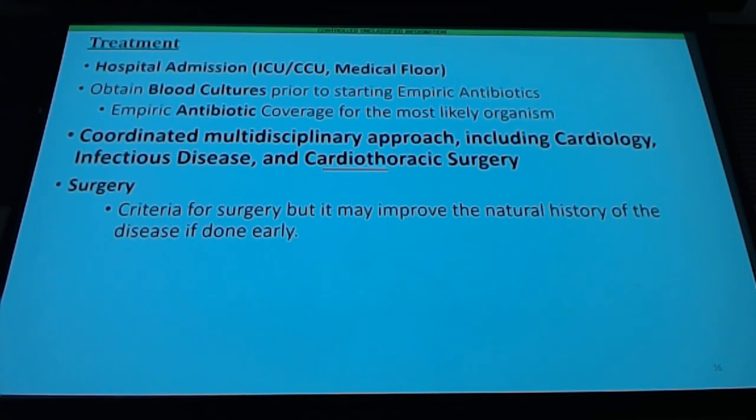And then cardiothoracic surgery should also be on board, because if there is a large vegetation there, then you may need to go in and get rid of it via surgery, a source control kind of thing. You can throw as many antibiotics at this thing, but if that vegetation is still there, you still have the source of the infection, and this patient is unlikely to get better without surgery.